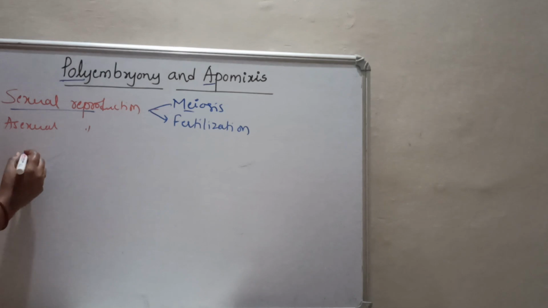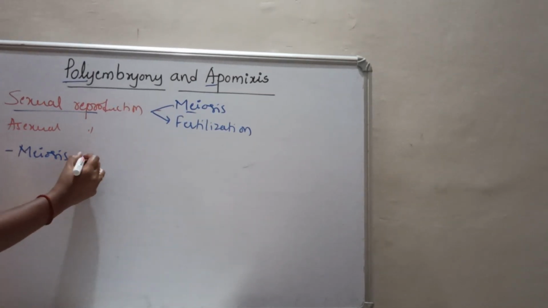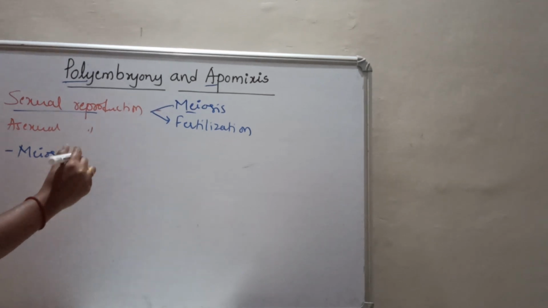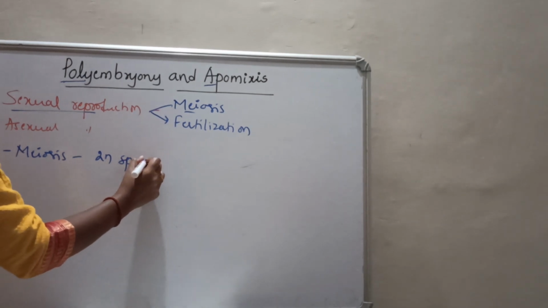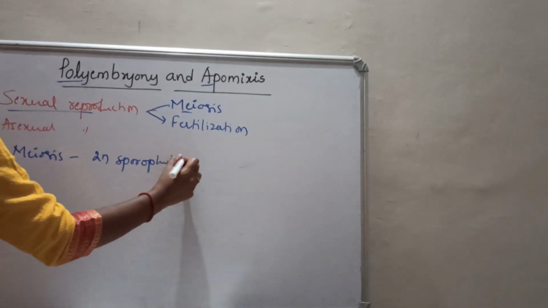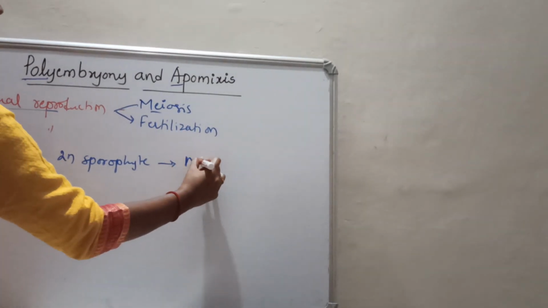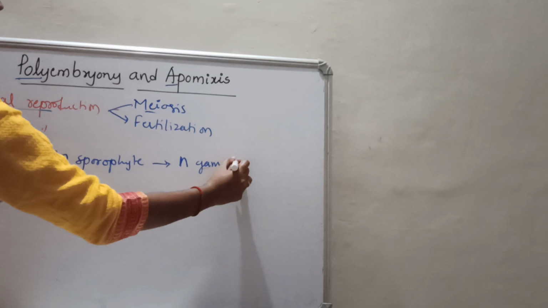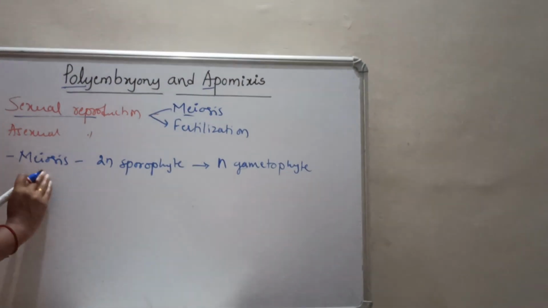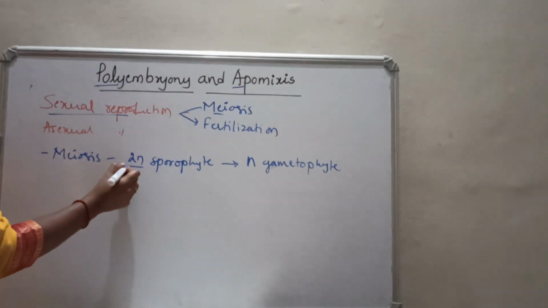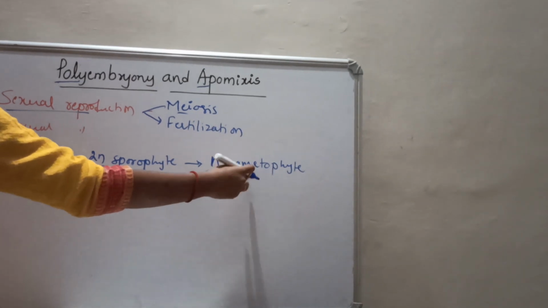Meiosis is the reductional division in which the diploid sporophytic generation gets reduced and the haploid gametophytic generation is formed.